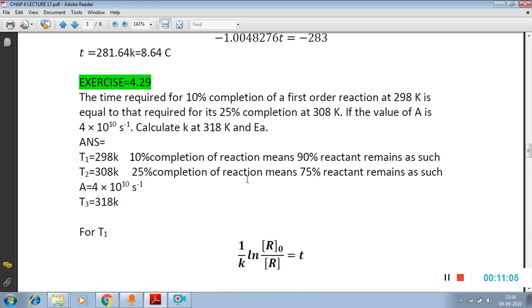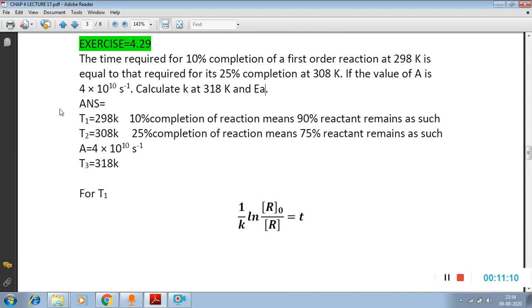Okay, so here a total of 3 temperatures are given to us. First temperature 298, and at that time 10% completion of the reaction is there, means 90% of the reactant will be there as such in the reaction mixture.